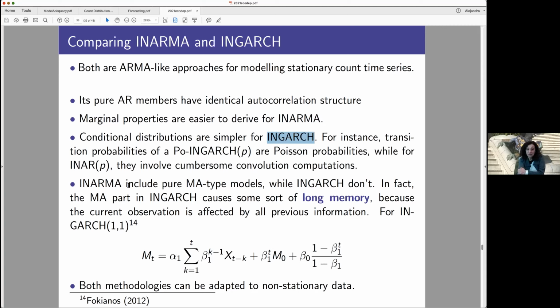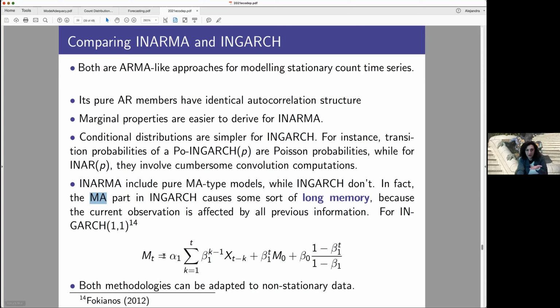The thinning-based models include pure moving average type models, and the INGARCH don't. A little bit worse than that, the moving average part in an INGARCH somehow produces long memory because the observation is affected by all previous information.